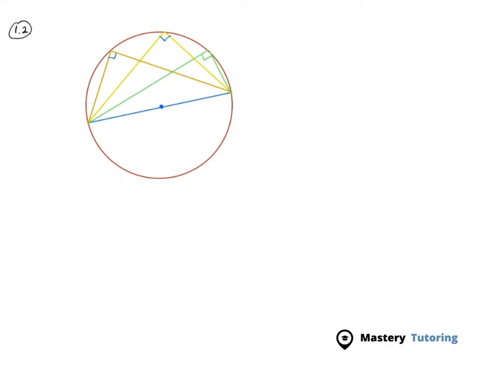So because of this, we say that angle in a semicircle is 90 degrees. So the angle that is formed in a semicircle is going to be 90 degrees.